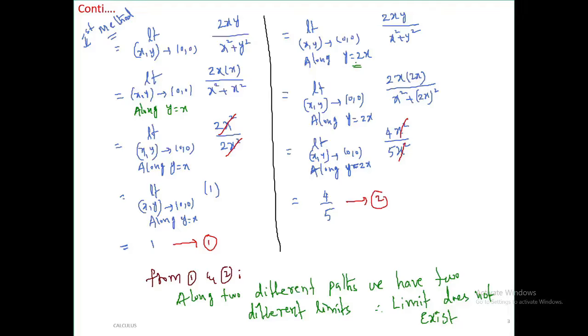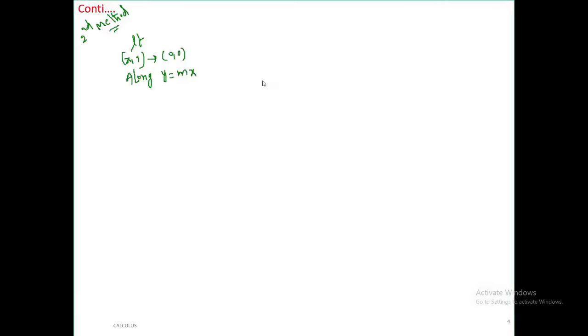Then such a kind of path only I need to take, because I need to go to the origin, x comma y is reaching to 0 comma 0. Such kind of path only I need to choose. So instead of choosing these different paths, directly I am choosing y is equal to mx. Now m is any slope. Now no need to choose different paths two times. Directly you can obtain it here. Now what is this?